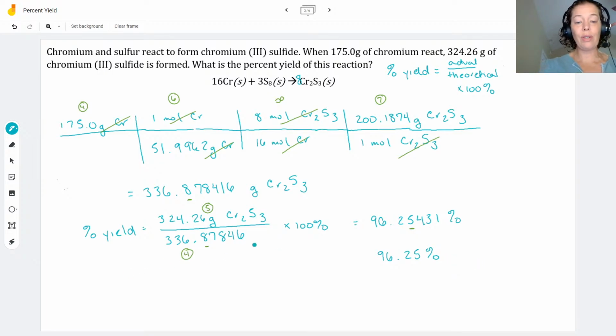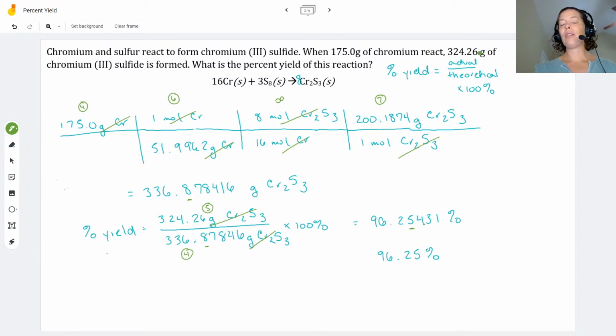So notice with your unit, and I should have written this down, this is also grams of chromium-3 sulfide. So what we've got going on here is the units cancel and your percent yield is unitless. Now this is really important because it doesn't have to be in grams. You can calculate a percent yield if you use moles for both.